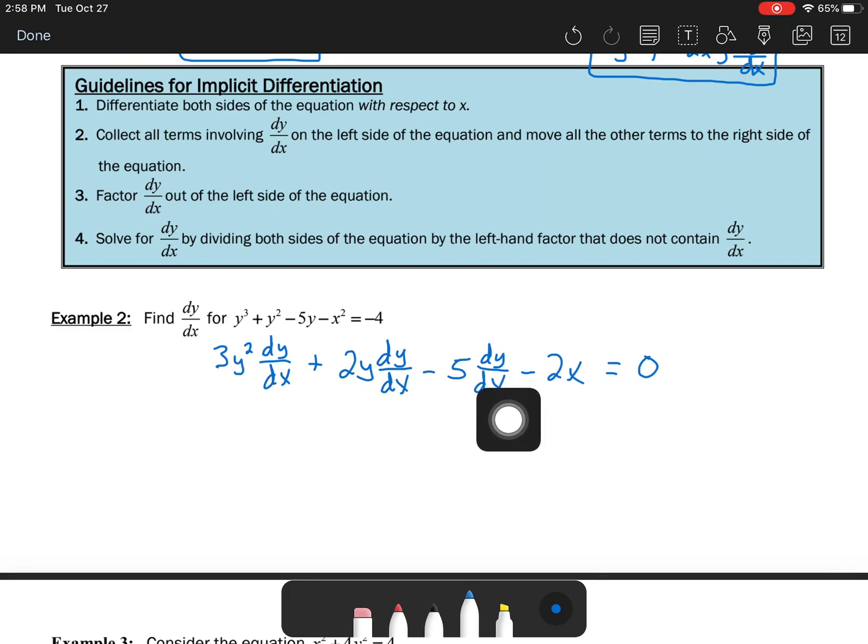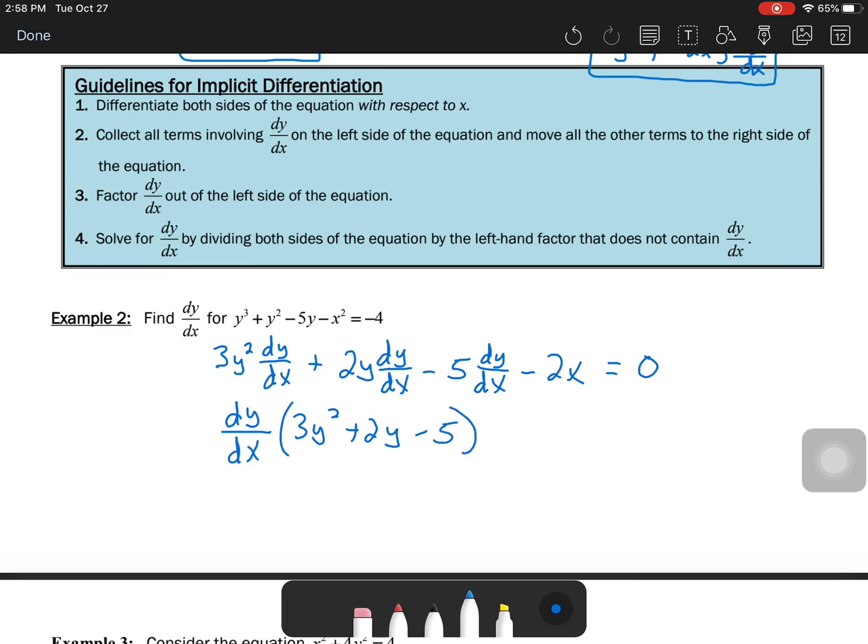Okay, so now we've got all three of these terms that have dy dx on the left side. Let's just take this other one and add it to the right side, and we'll factor out the dy dx. I'm going to do this all in one step. So I'm going to factor out dy dx out of these first three terms. And then I'm going to add the 2x to the other side. And now we're trying to solve for the derivative of y with respect to x. I've got it factored out now.